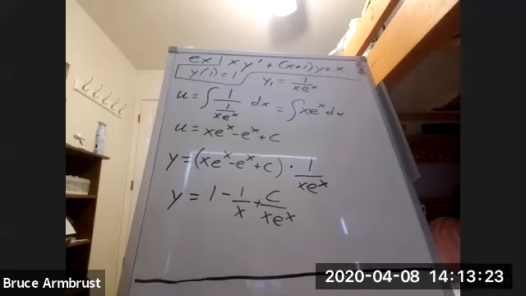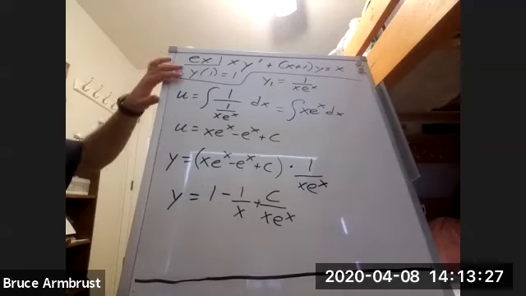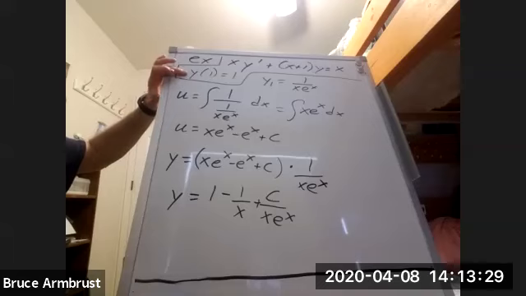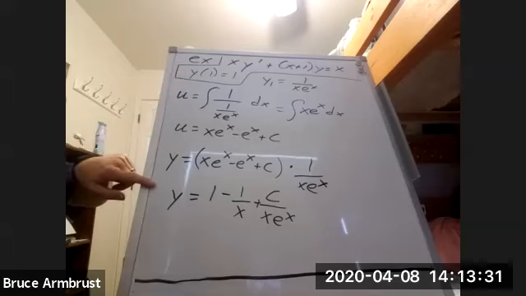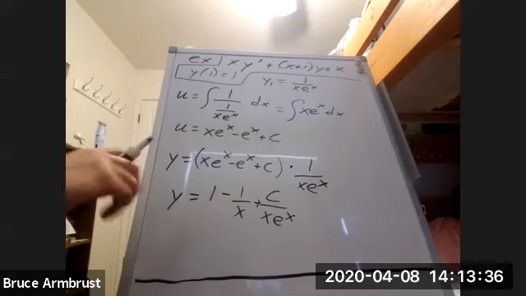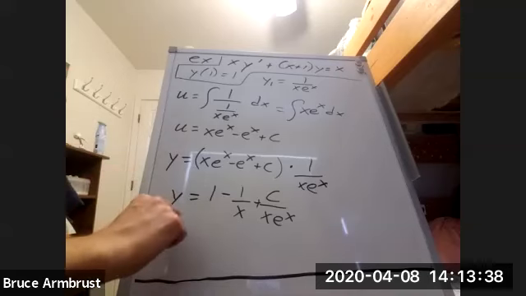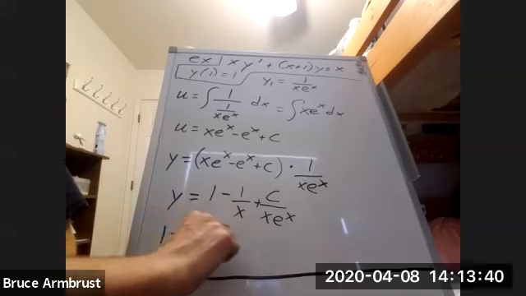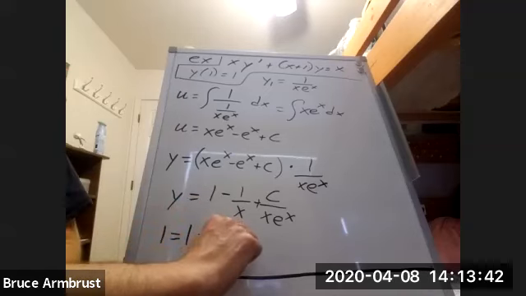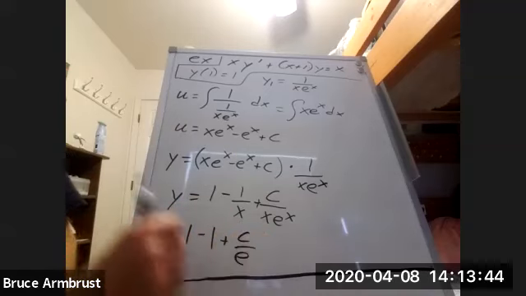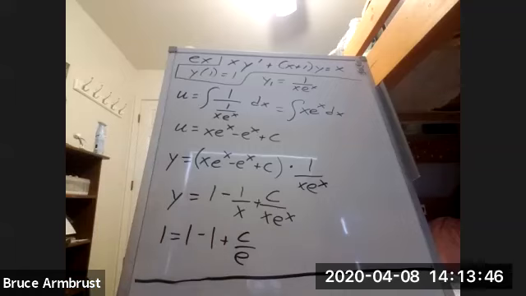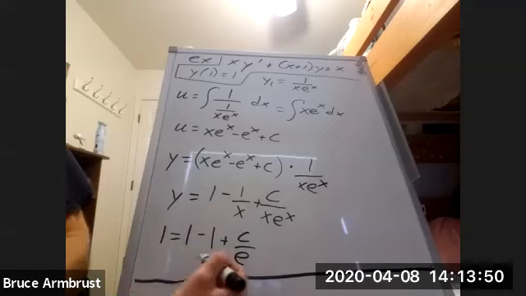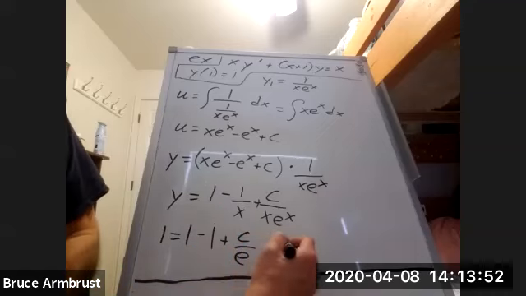But of course, we had an initial value problem, which means we need to take this y(1) equals 1 and put that in here to find c. So let's just bang that out real quick. So x is 1, y is 1. So we have 1 equals 1 minus 1 plus c over e, which makes c equal e.